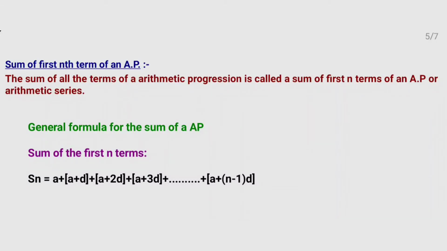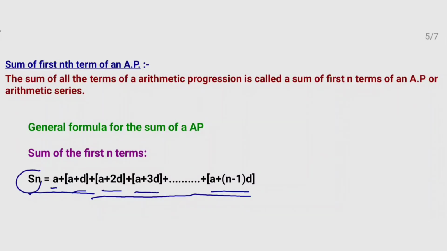Here the general form of an AP: Sn is equal to a plus (a plus d) plus (a plus 2d) plus (a plus 3d) and so on up to a plus (n minus 1) into d. So here a is the first term, a plus d is the second term, a plus 2d is the third term, a plus 3d is the fourth term, and a plus (n minus 1) into d is the nth term. So the sum of these terms is the sum of the n terms of an AP.